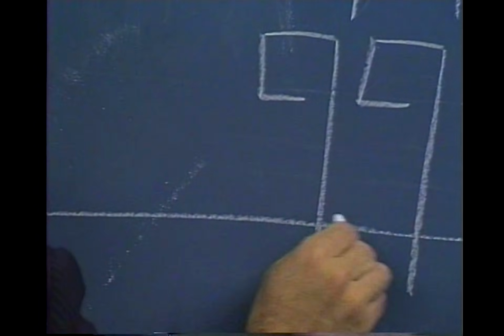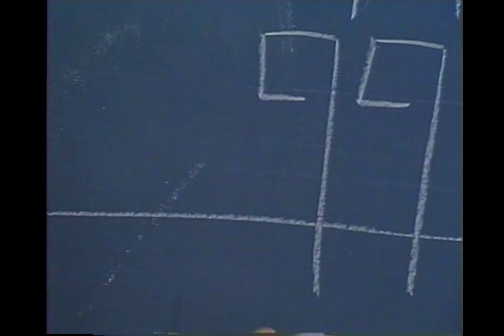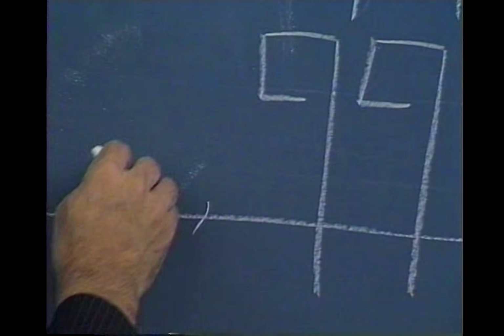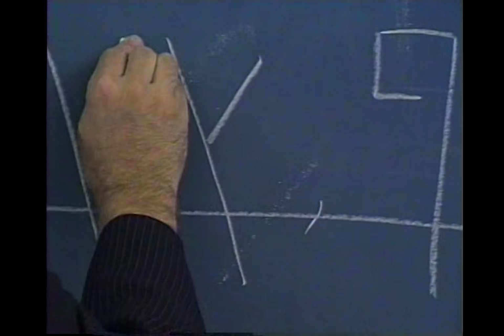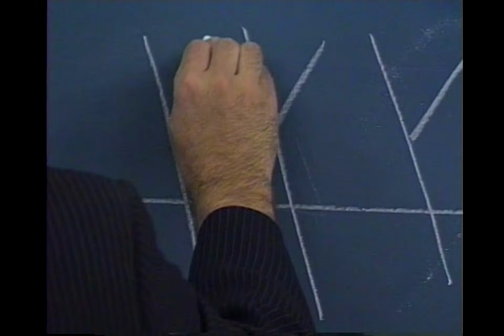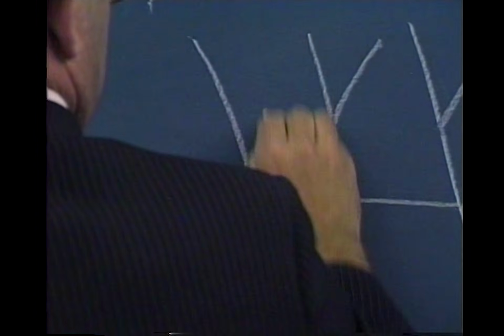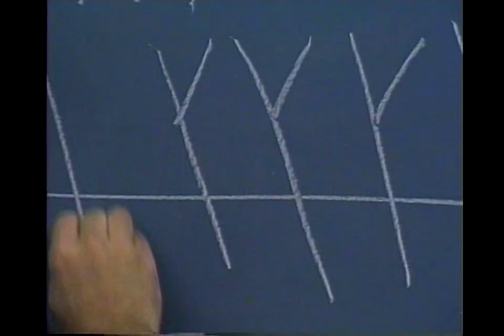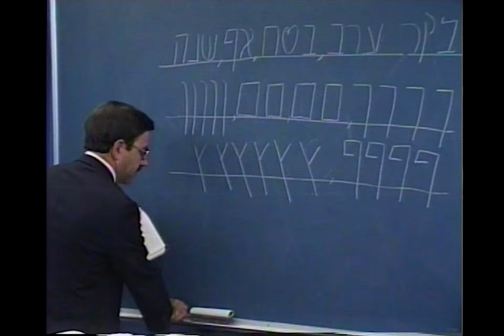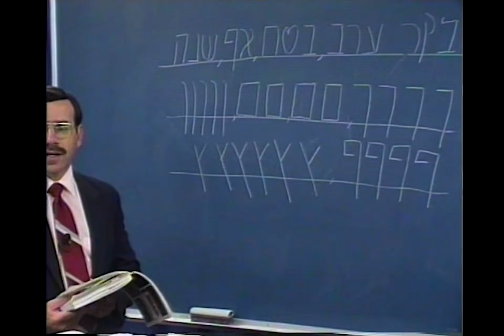Don't break it off like we would normally, but when it ends a word, bring it all the way down. And then finally, sadi, sadi, sadi. All right, so here we have 5 letters that take a special ending form.